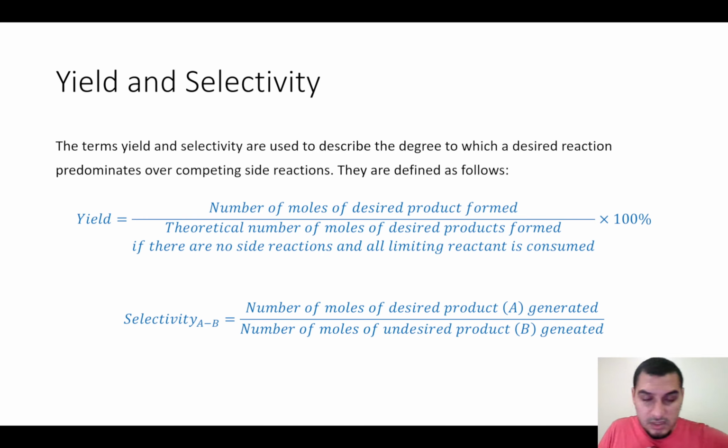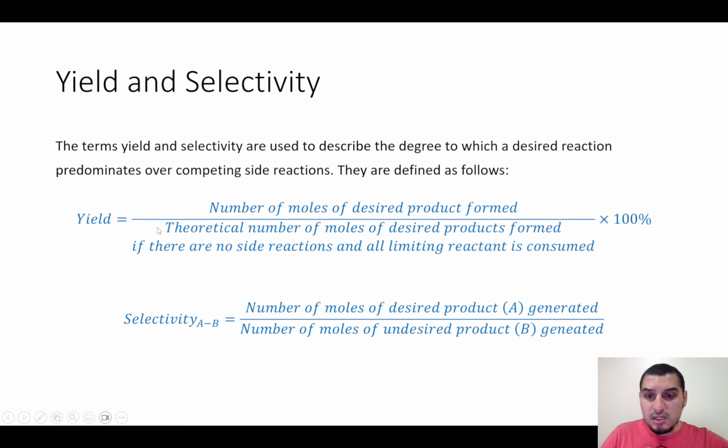So let's start with the yield. It's simple, but it needs some explanation. So what I'm going to do now is we will read the definition of the yield, and then we will see an example to explain it in a more detailed way. So the yield is the number of moles of the desired product, which is the actual case, what happens in reality, over the theoretical number of moles of desired product.